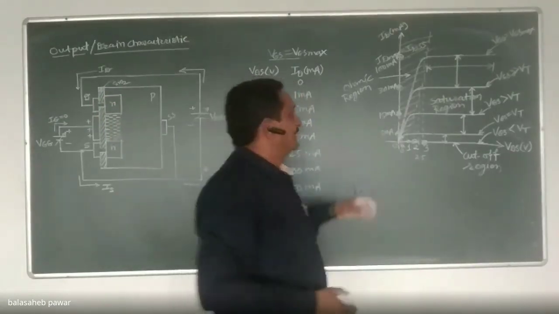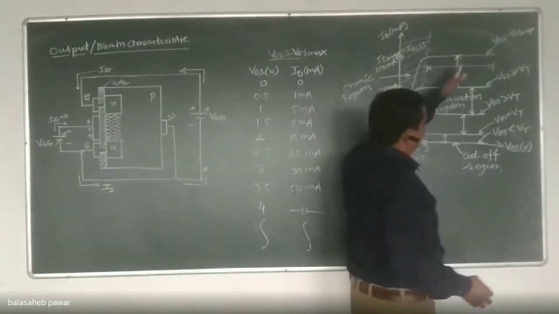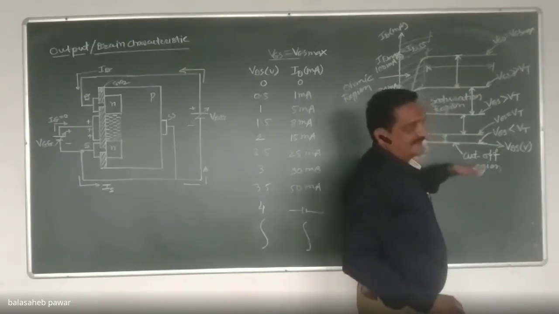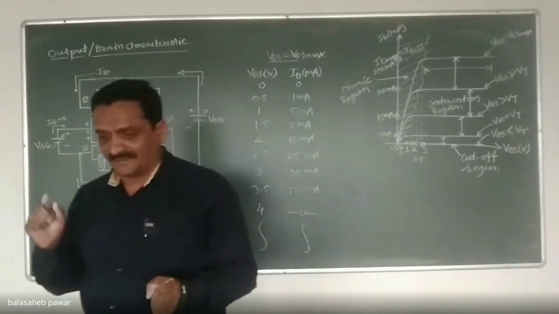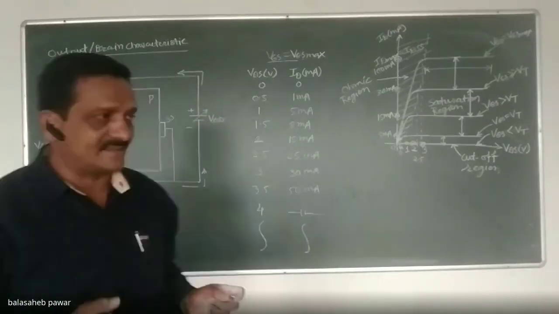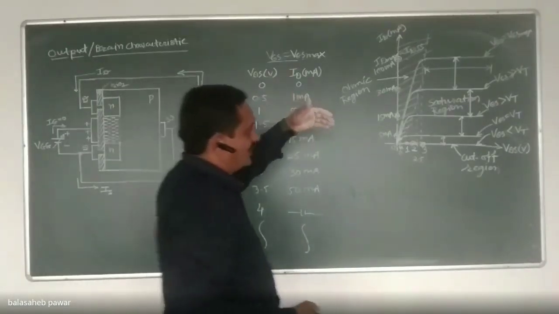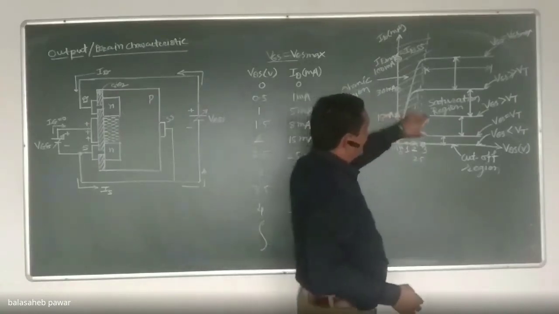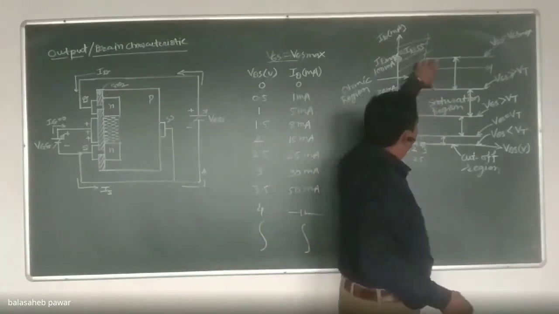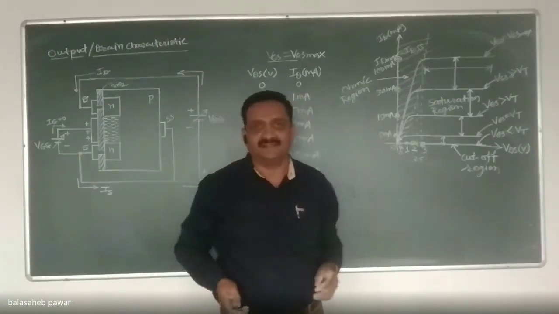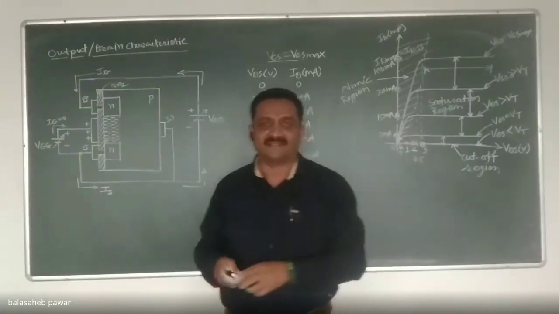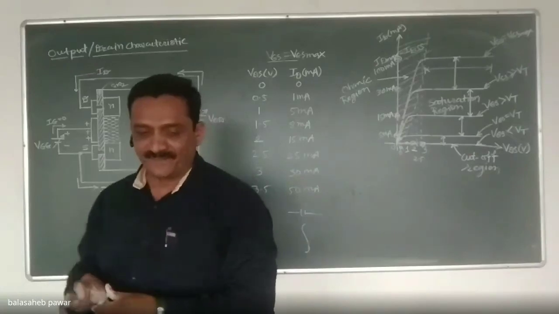So the change in current is not linear with respect to the change in voltage. That's why, whenever VDS is increased, the increase in ID is not linear, and the step size I tried to show here is not constant between two levels of ID, as it is non-linear in nature. Is it clear?